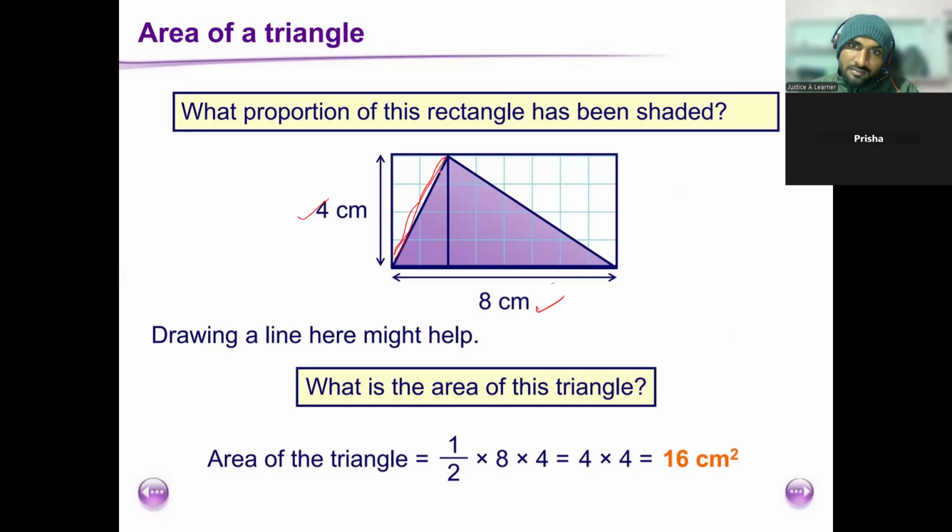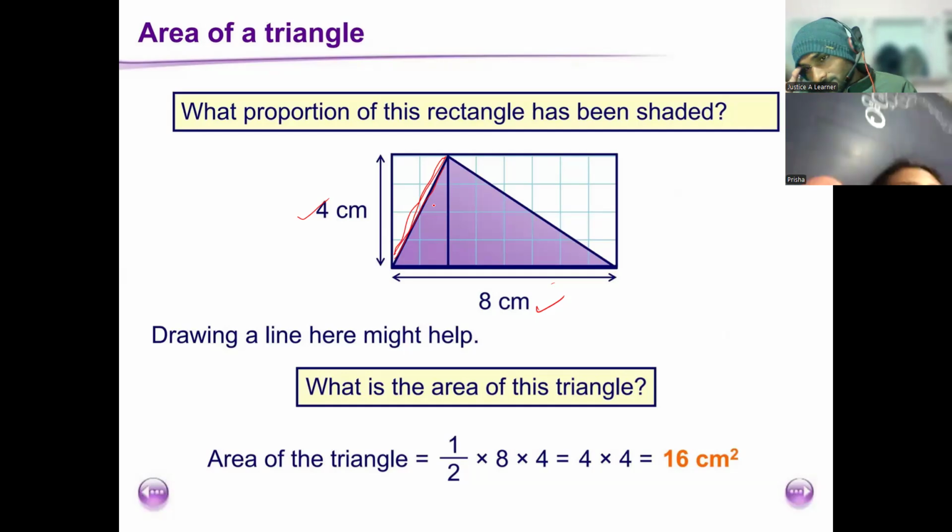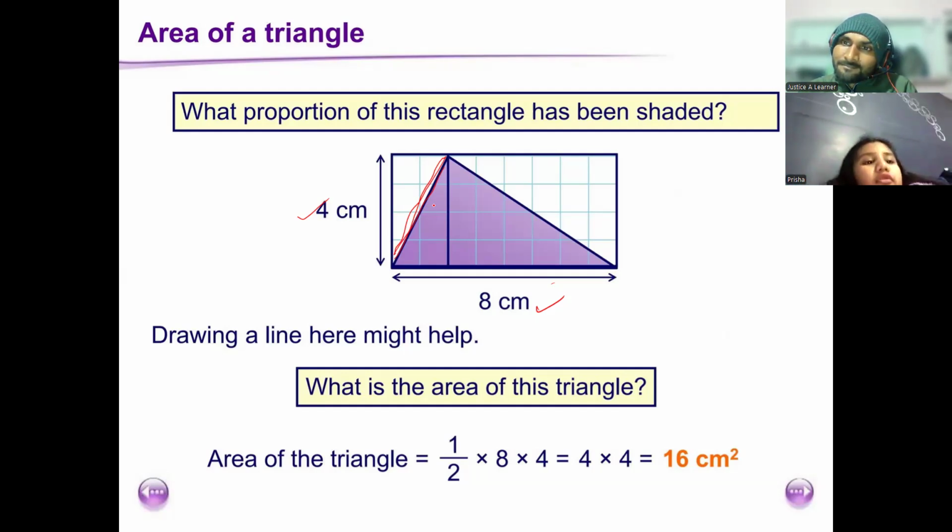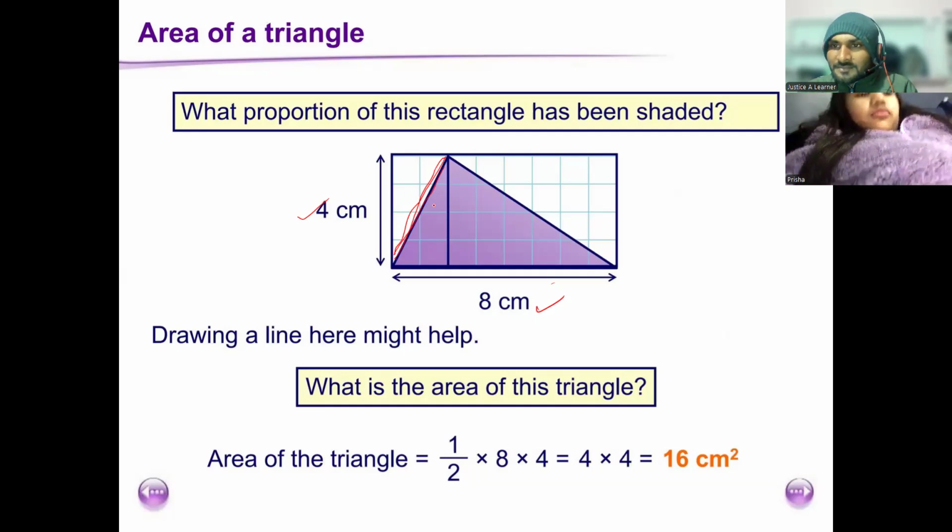Yeah. Okay. I don't really understand how to solve this question. What are you saying? I don't really understand how to solve this question. That's what I'm trying to make you understand.